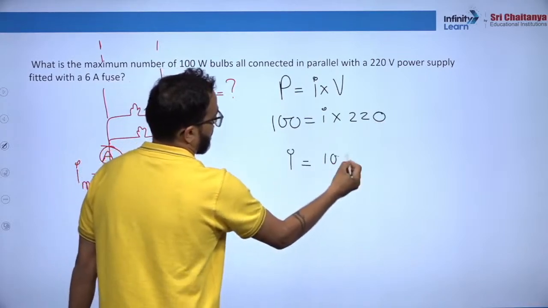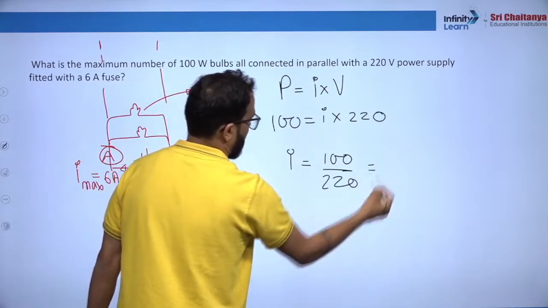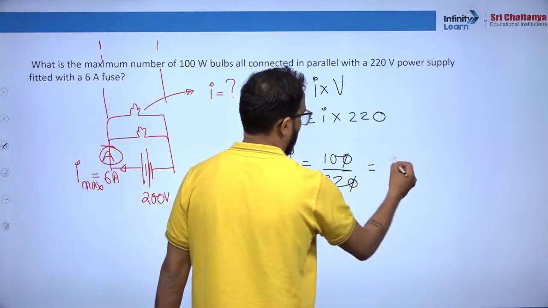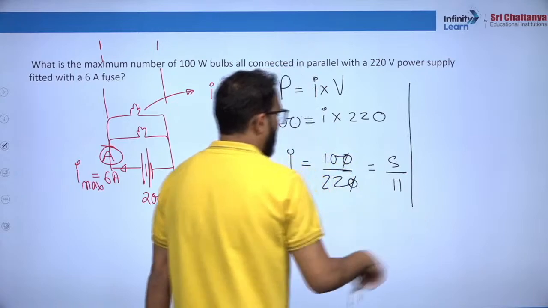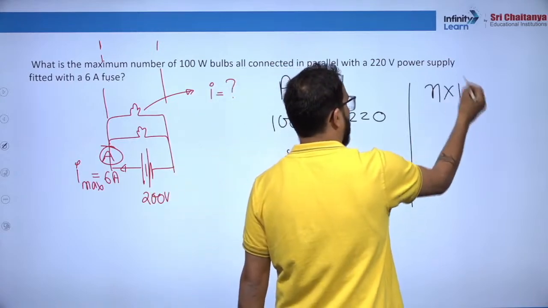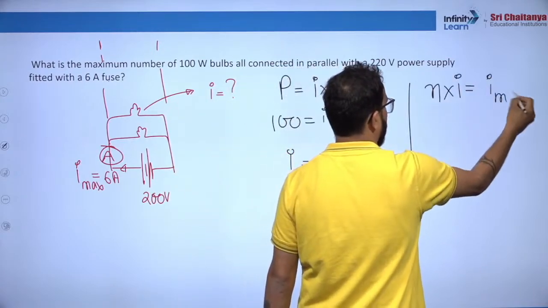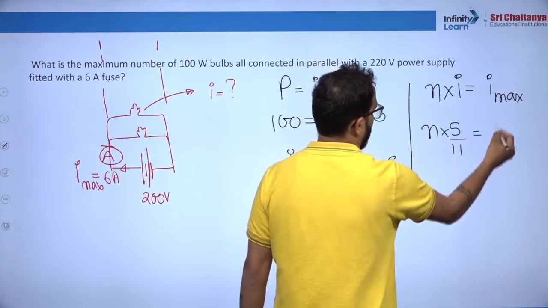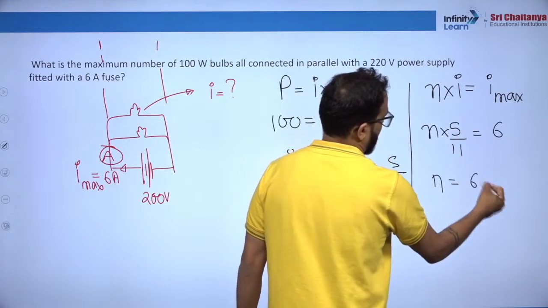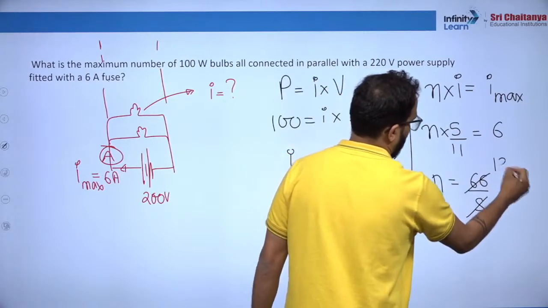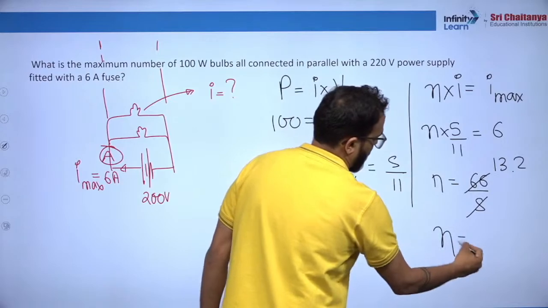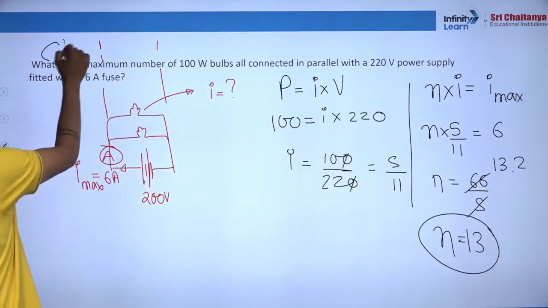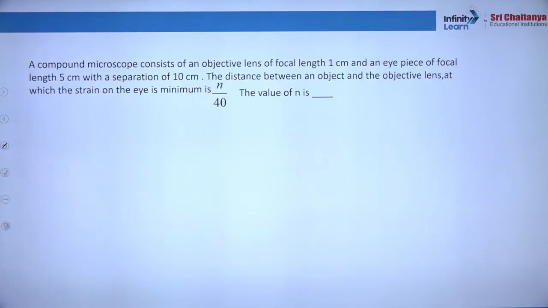So I is equal to 100 upon 220, which is 5 by 11. Now they are saying n bulbs are used, so I is equal to I maximum possible. So n into 5 by 11 is equal to 6. So n is equal to 66 by 5, which is 13.2. So the maximum number of bulbs that can be used will be 13. So the correct answer is 13. Got it?